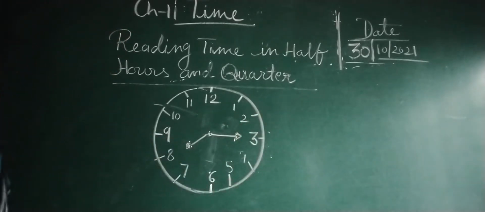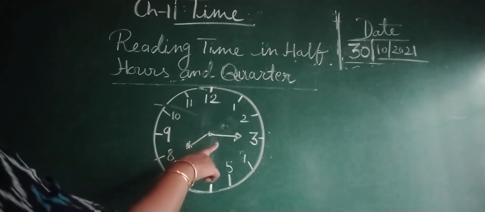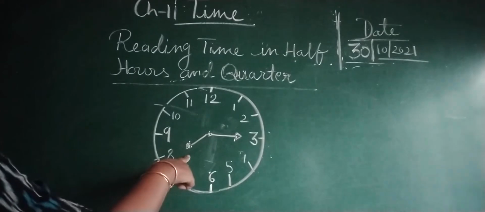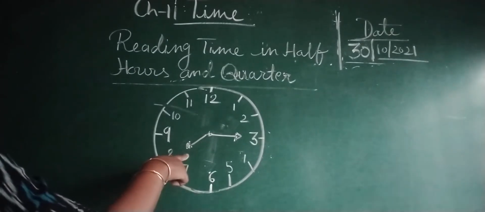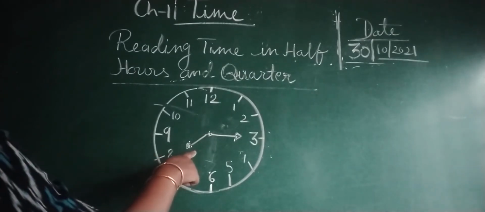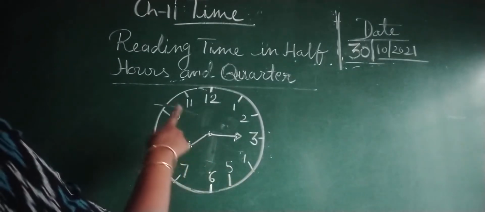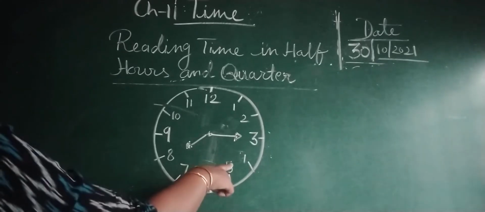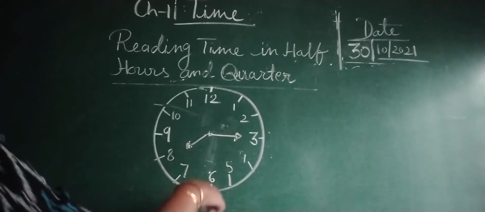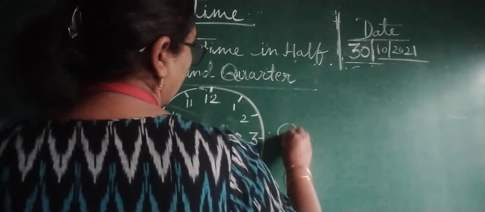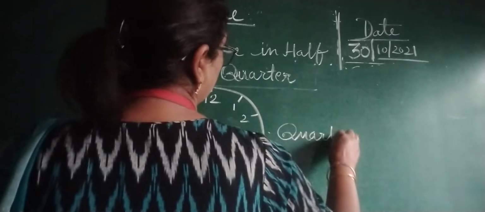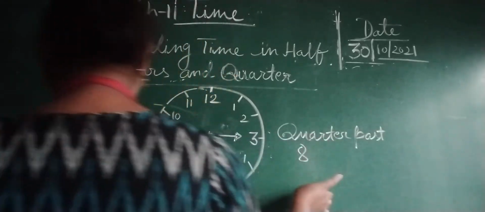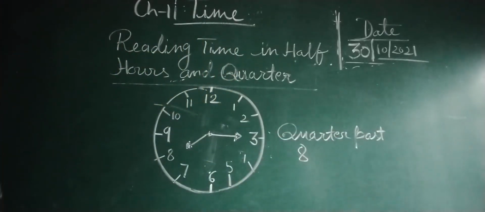Look at the figure, the hour hand is between 8 and 9, and the minute hand is at 3. The time is 8:15. This is quarter past 8.